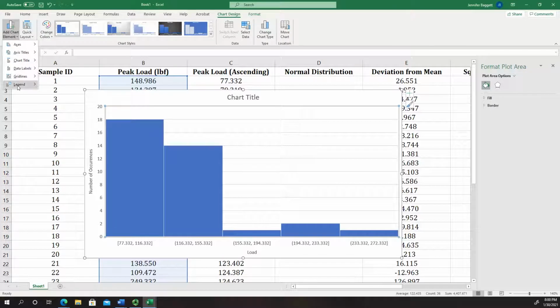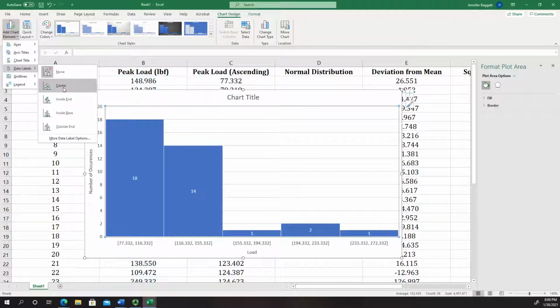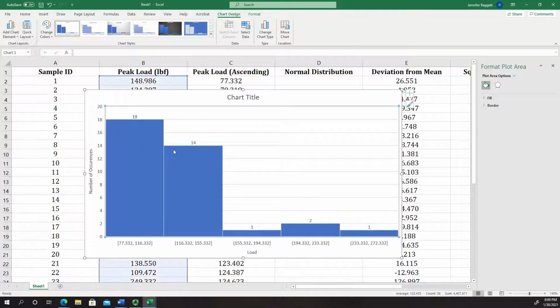We can also add a representation of how many cans are in each of those. So we can do data labels and add them on the inside, outside, outside end, wherever you want to place them.